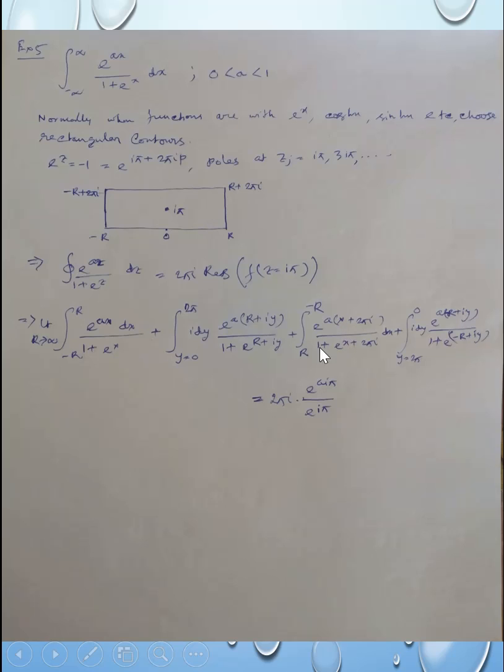The limit will be R2 minus R. For the last part it is the same thing, just the limit and R will be different: here R will be minus R, and the limit will be 2 pi to 0.